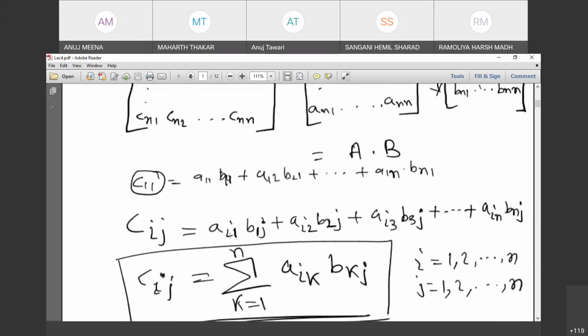Similarly for Cij, you get this particular expression: a_i1 multiplied by b_1j, plus a_i2 multiplied by b_2j, and you just add these. So in general, the ijth entry of C is the sum of a_ik multiplied by b_kj, where k ranges from 1 to n.